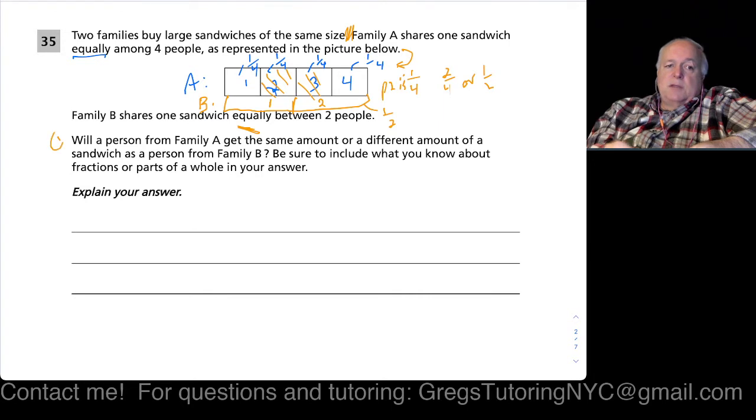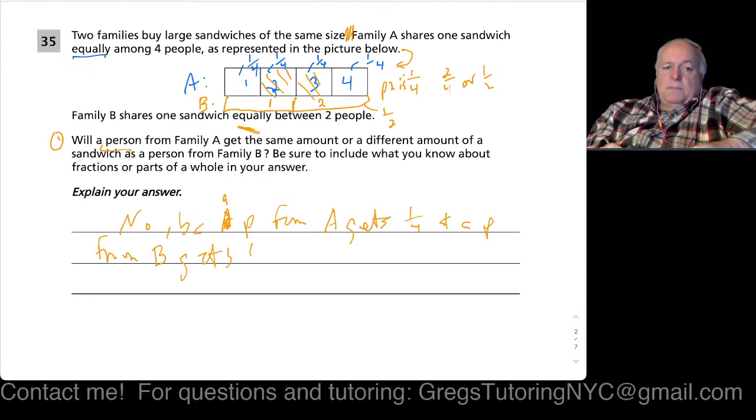So the answer there is no, because a person from A gets a quarter and a person from B gets a half.